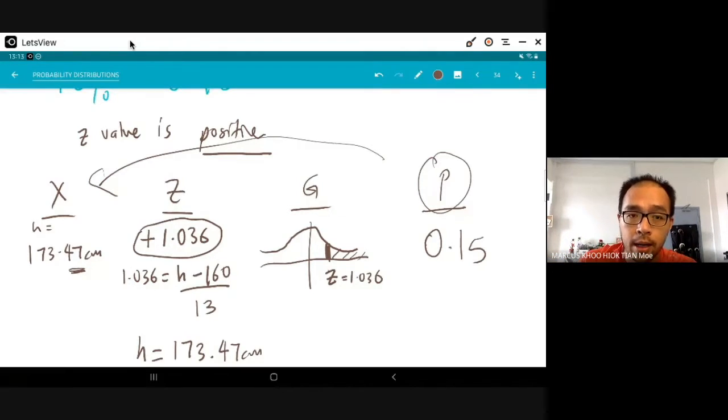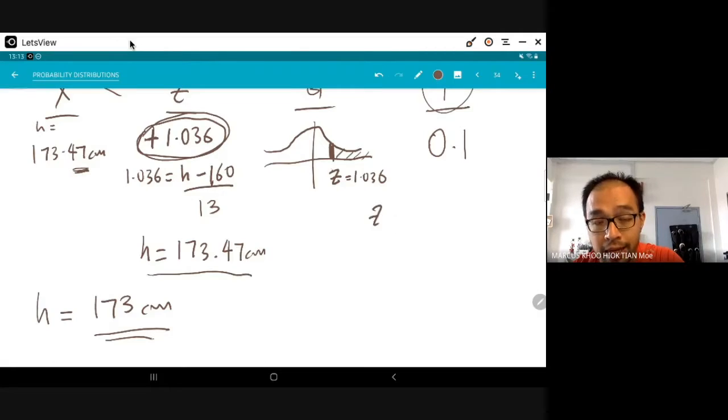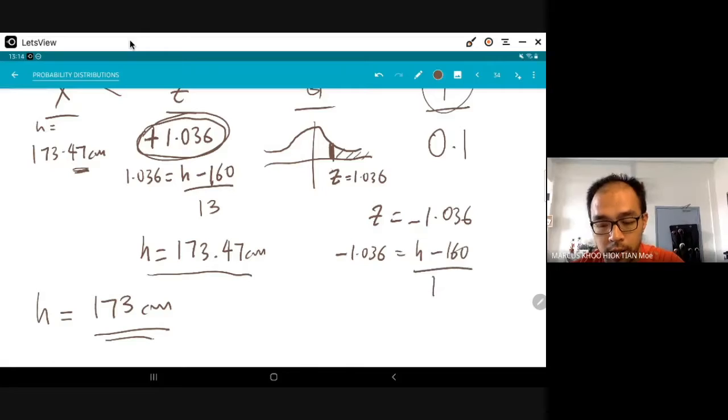Okay, let me also tell you why the Z value is different if it is positive or negative. You see, if the Z is positive 1.036, my H is 173.47. Imagine if my Z is negative 1.036. What will my H be? Negative 1.036 equals H minus 160 over 13.